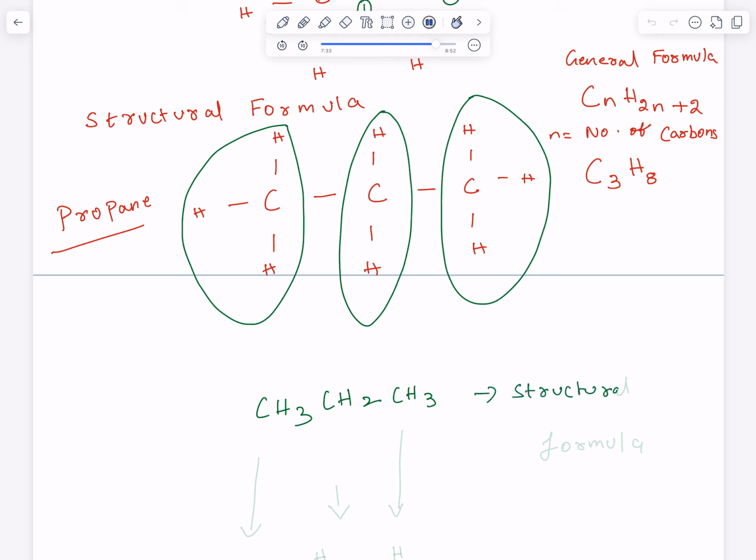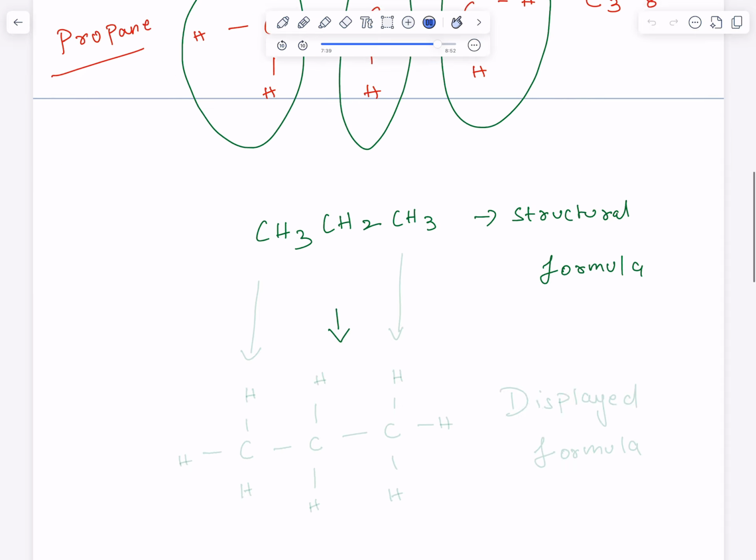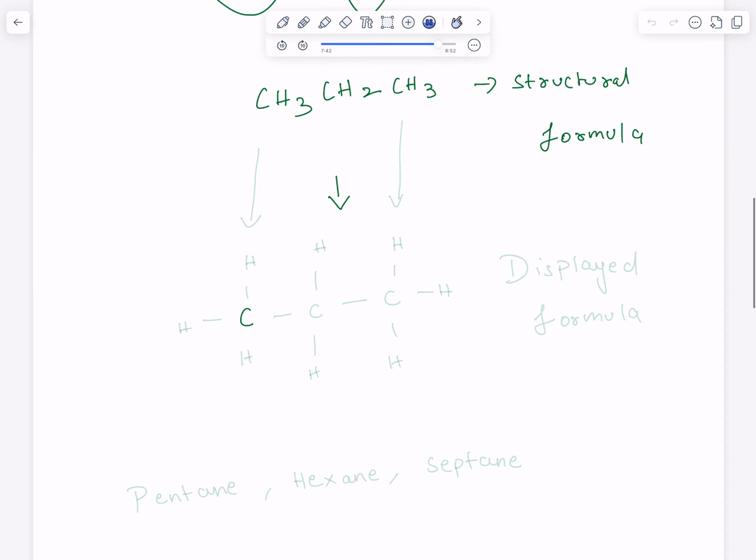If you look at it, I can similarly look at the structural formula, have my first carbon, and draw 3 hydrogens. Then the second carbon has only 2 hydrogens.